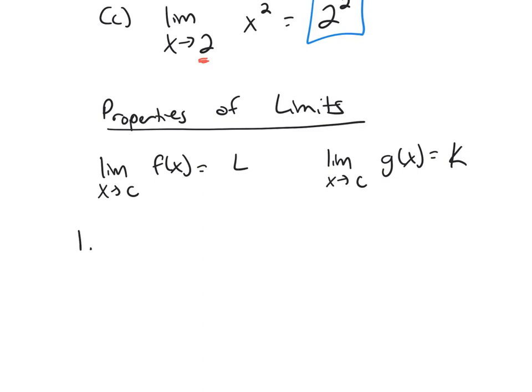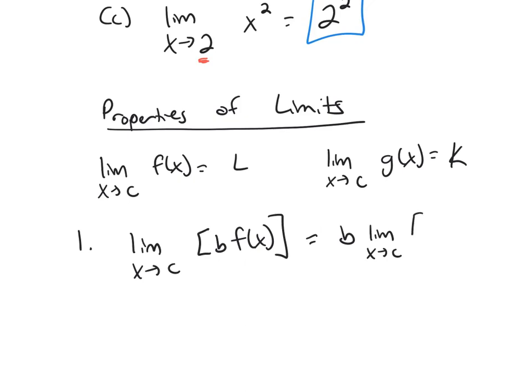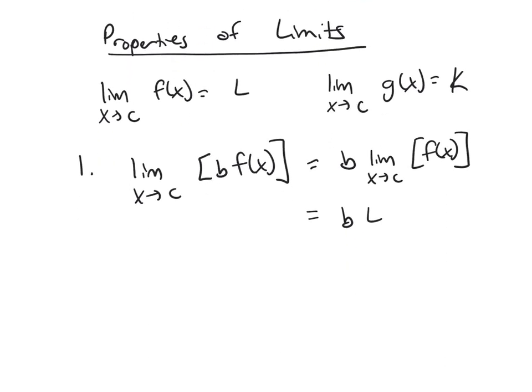So the first one is, if I take the limit of a scalar multiple b times f of x, where b is just a scalar, I can essentially pull the scalar out. So this limit would be b times the limit of f of x, which we know to be L. The second rule has to do with sums and differences.